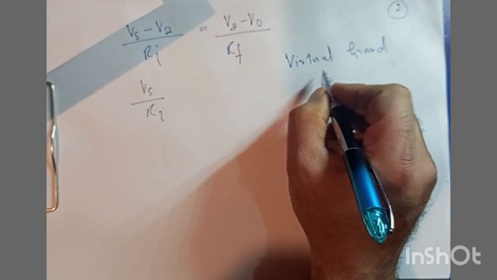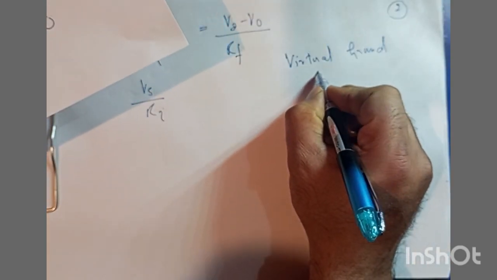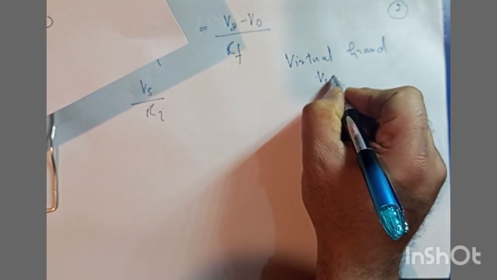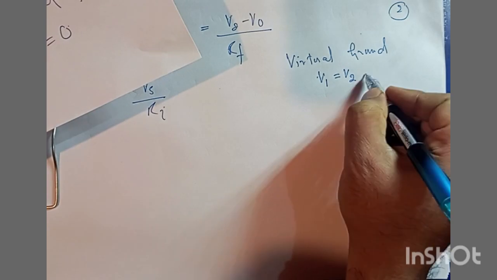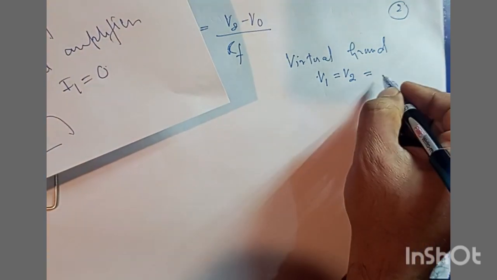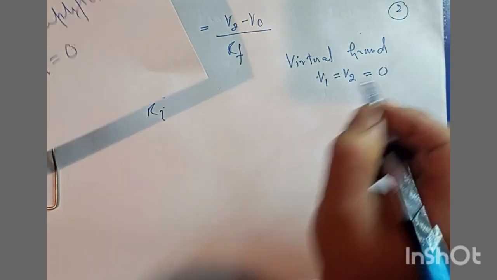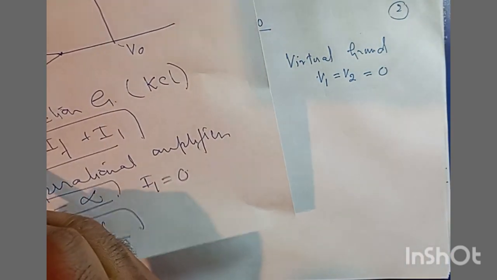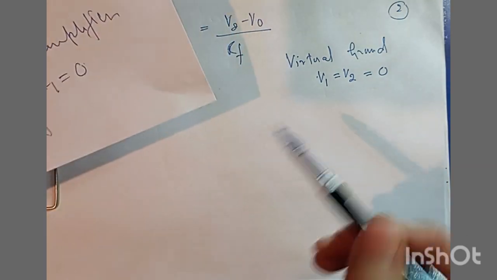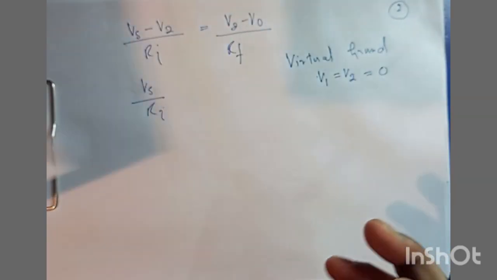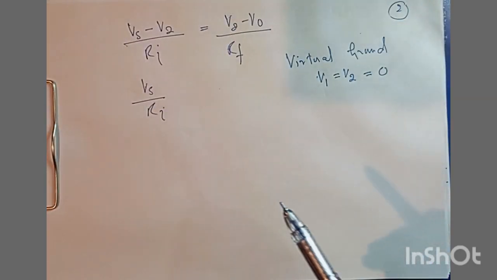So if we make use of virtual ground here, then V1 is equal to V2. But V1, with respect to the ground, is at zero potential, so it must be equal to zero. So if V1 is zero, then V2 is also zero by making use of the concept of virtual ground. I think that must be clear.